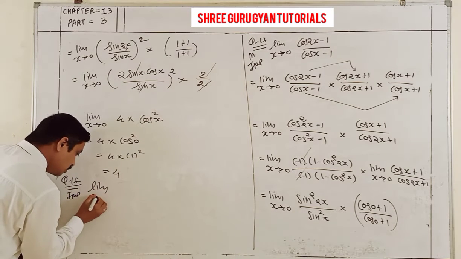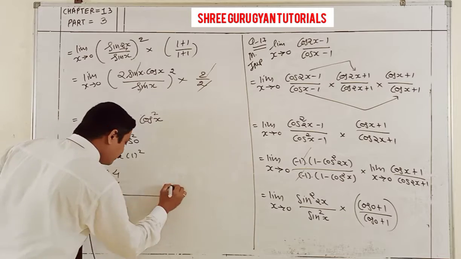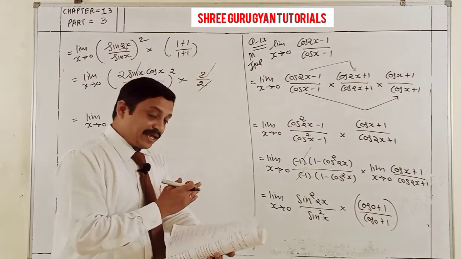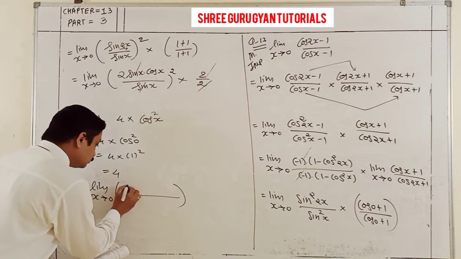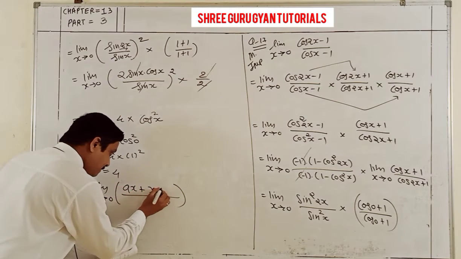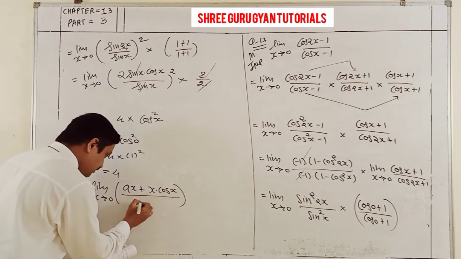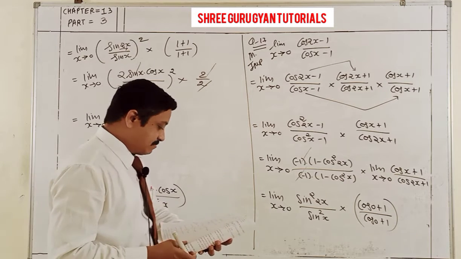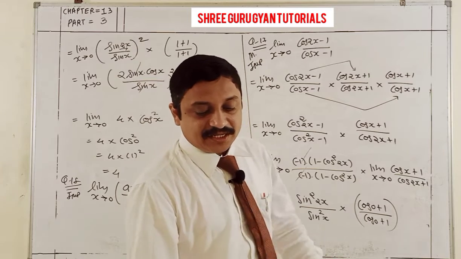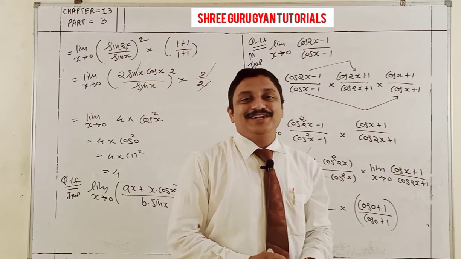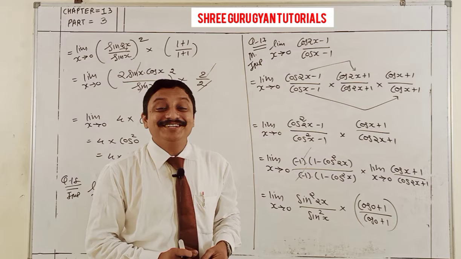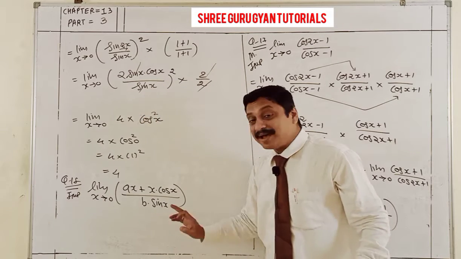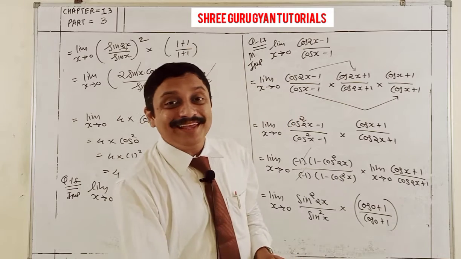Limit x tends to 0 and the given data is ax plus x cos x, denominator the same, b sin x: ax plus x cos x by b sin x. Students, here I will divide the numerator and denominator by x, because I want to use sin x by x, converting it to 1.